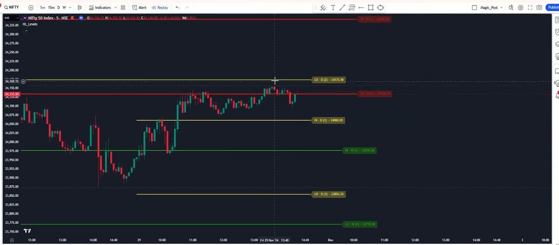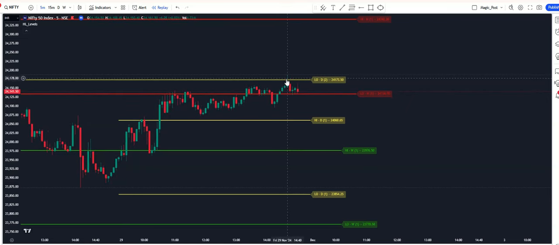So that's the reason why I suggested not to take here, because if you would have taken 24 100 CE here, the price of this is around 132 when the market first tested this level. But by the time the market is trying to cross this, the same 24 100 CE price is 100. So because of time decay, close to around 30 points were lost in the option price.